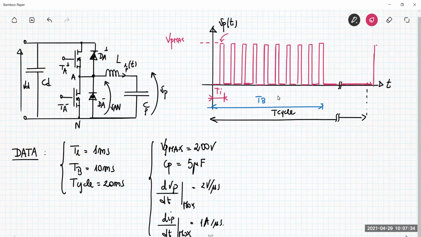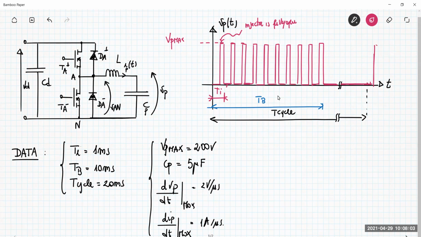Okay, here when the voltage applied to the piezo materials hits the maximum value, Vp max, the injector is fully open. So here in this part, we have the spray of the fuel into the combustion chamber of the engine.